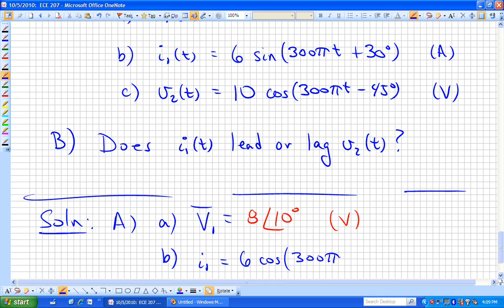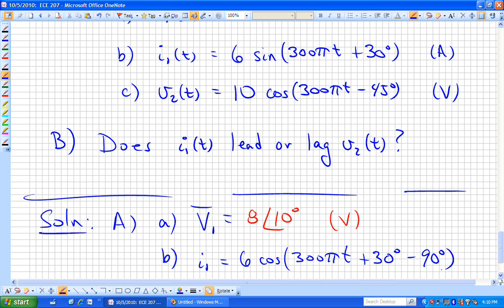When we switch between sine and cosine, we're not changing omega. We're only changing the phase by 90 degrees, or pi over 2. If we take 90 away from the cosine, we're back to the sine.